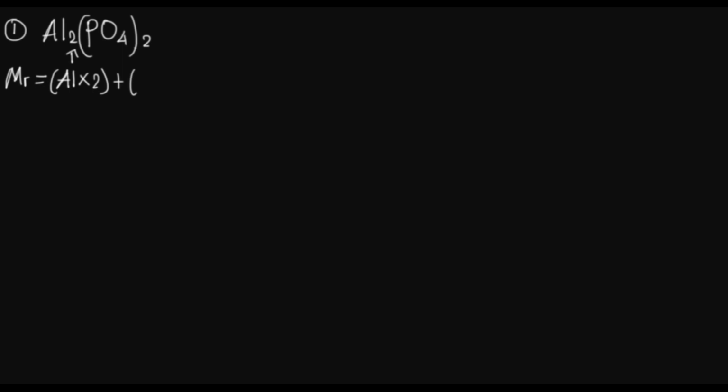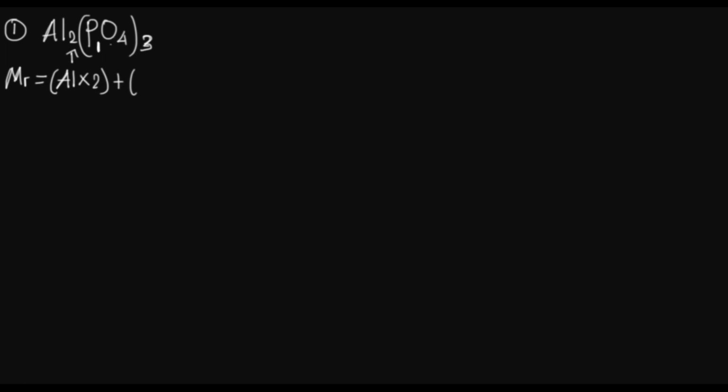Now, for a compound where we have a part that is in brackets, we multiply the subscript outside the bracket by everything inside. Let's look first at the number of atoms inside: for phosphorus we have 1 atom, and for oxygen we have 4 atoms.